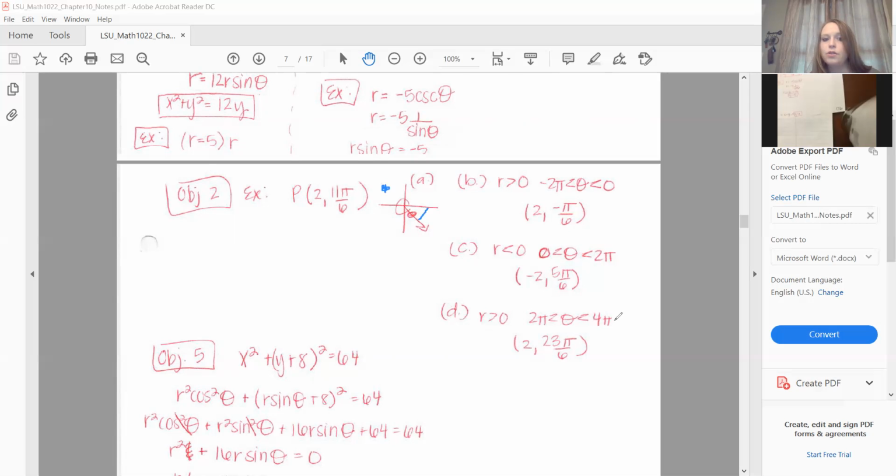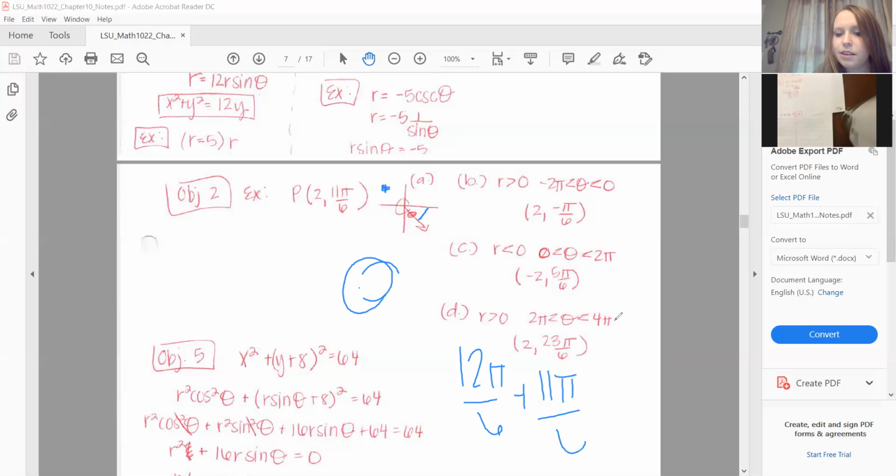So that means it goes a full circle. So we go all the way around, full circle, and then another 11 pi over 6. Okay, so 12 plus 11, that's a terrible drawing, sorry. But 12 pi over 6 plus 11 pi over 6 is 23 pi over 6. Because I had to go a full circle and then the angle again. So that's objective 2.